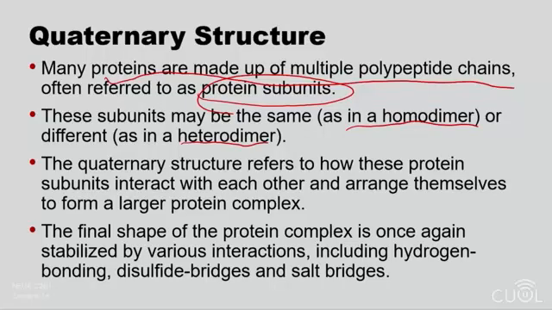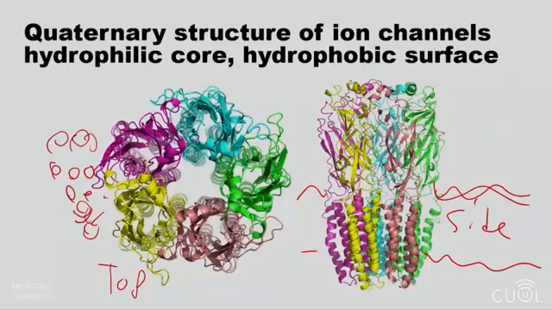The quaternary structure refers to how these protein subunits interact and arrange themselves to form a larger protein complex, something that can really be uber functional. There are also stable interactions: hydrogen bonding, disulfide bridges, salt bridges. The GABA receptor is made up of different subunits.